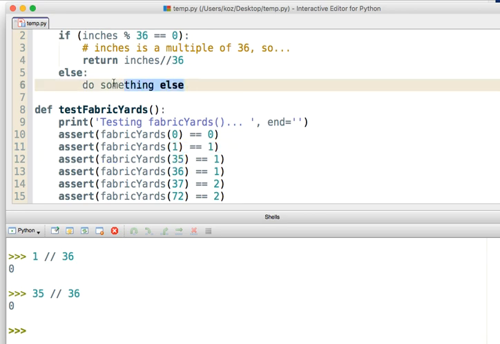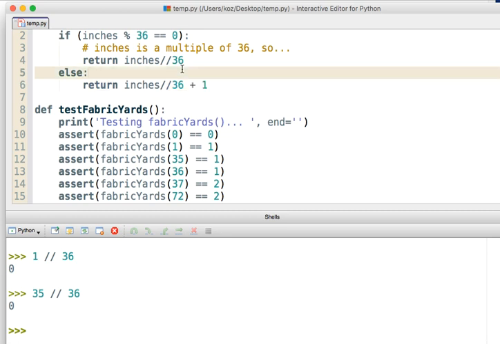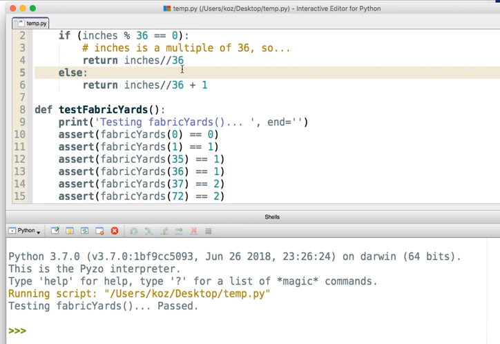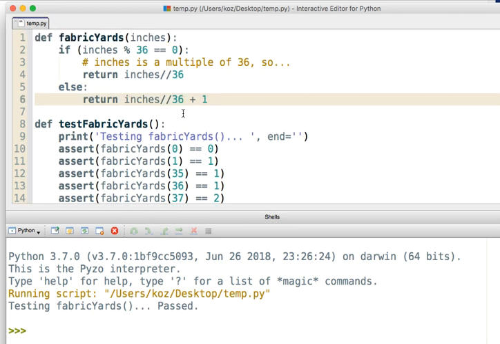So here, because there's a little extra bit, we need that plus 1 to account for the fact that we're not a multiple of 36. So there's a little left over, and we need to buy a whole yard because of that. And if we run this, it works. So this is a perfectly fine answer.